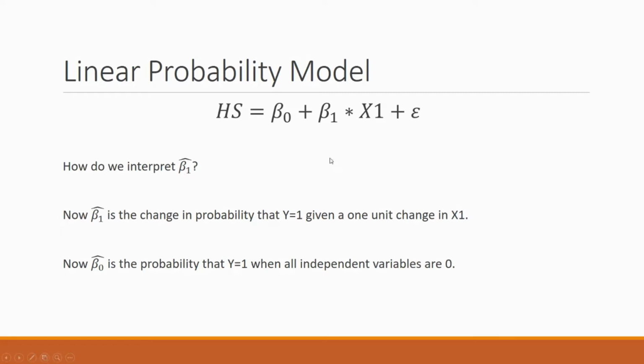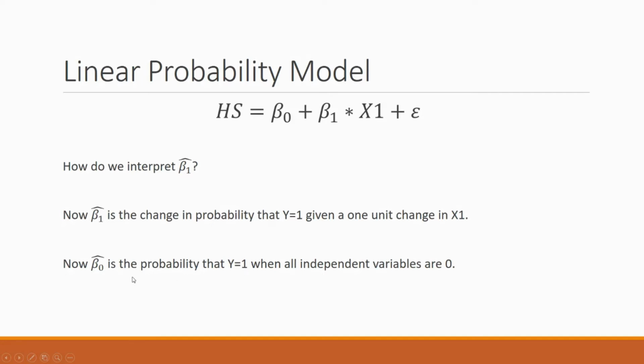Okay. Now, how do I interpret beta 0 hat? Beta 0 hat is the probability that y will equal 1, the probability that someone will have a high school degree, when all independent variables are equal to 0. So if the independent variable is equal to 0, beta 0 hat will give you the probability that the person will have a high school degree, or the probability that y will equal 1.